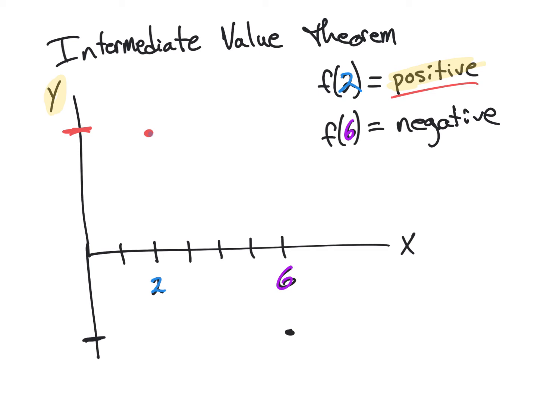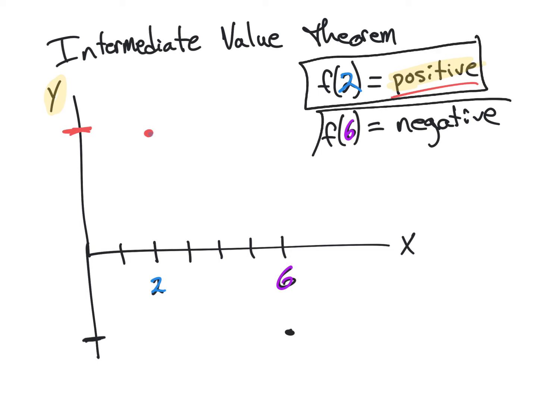So if I know that these x values, one's giving me a positive, one's giving me a negative, and I know that this is continuous, that means my 0 has to fall in between 2 and 6. That's what the intermediate value theorem is saying.